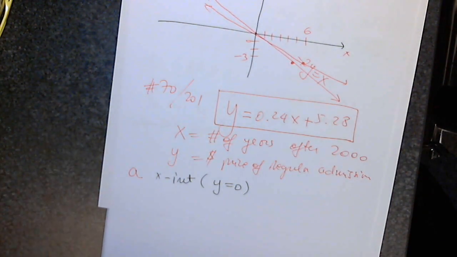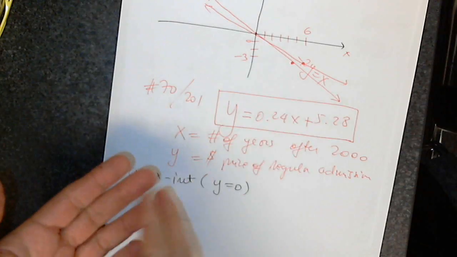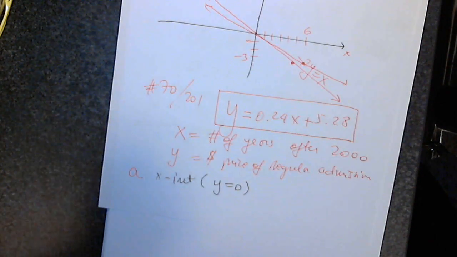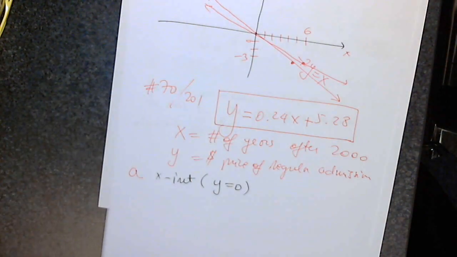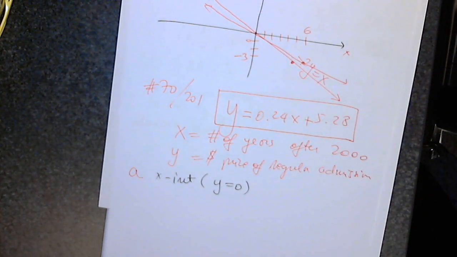Outside of the range, I don't know if I can use the model. And certainly I cannot use this model for 22 years before 2000. So it is always risky to go outside of the range of the equation. If the data that they looked at is between 2000 and 2010, you cannot use this model to predict 2050. You cannot use this model to look at 1950 as well.